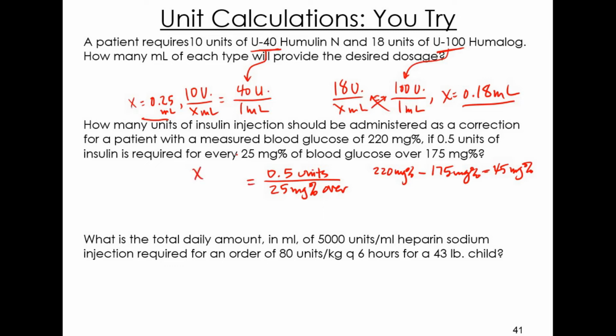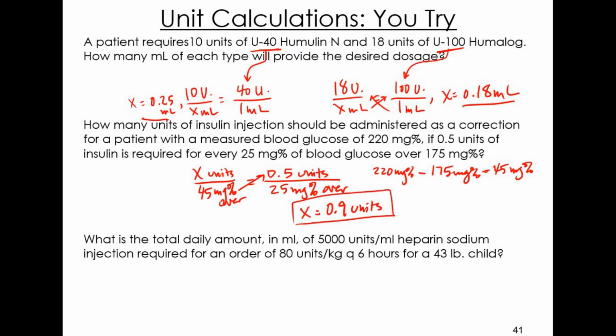So how many units of insulin do they need if they are 45 milligrams percent over the target? So that's the proportion, and X is going to be equal to 0.9 units.